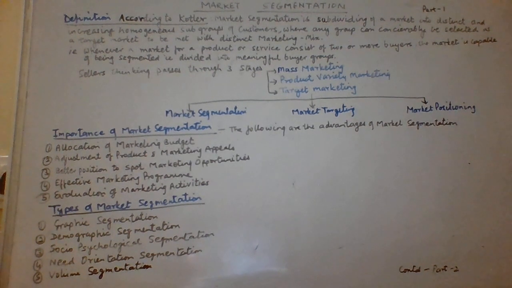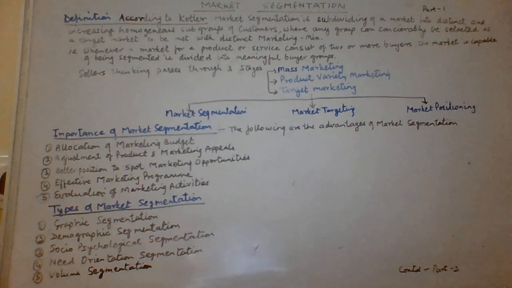Whereas in Western countries, more or less the population follows one religion. As far as India is concerned, we have so many religions, so this again plays an important role in the study of a marketing manager.